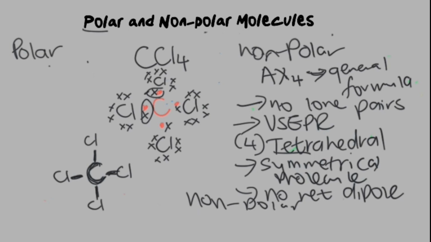Therefore, we can see that it forms an ideal shape according to the VSEPR theory known as tetrahedral. This molecule is symmetrical, meaning that there is no net dipole moment, and therefore this molecule is non-polar.